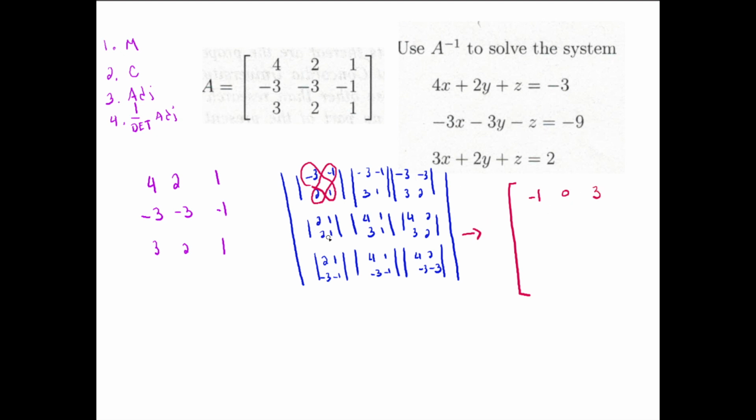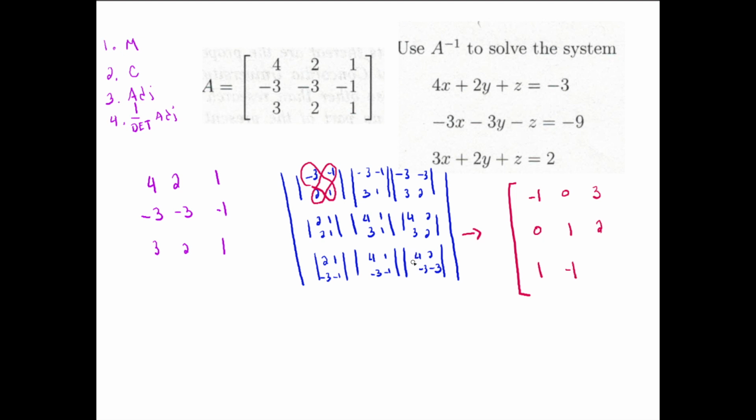And we have 2 times 1, which is 2, minus 2 times 1, which is 2, and we're left with 0. 4 times 1 minus 3 times 1, 4 minus 3, which is 1. 4 times 2 is 8, 8 minus 6 is 2. 2 times negative 1 is negative 2, minus negative 3 is equal to 1. 4 times negative 1 is just negative 4, minus negative 3, which is negative 1.